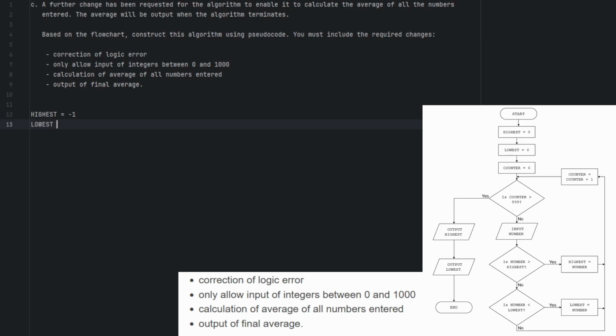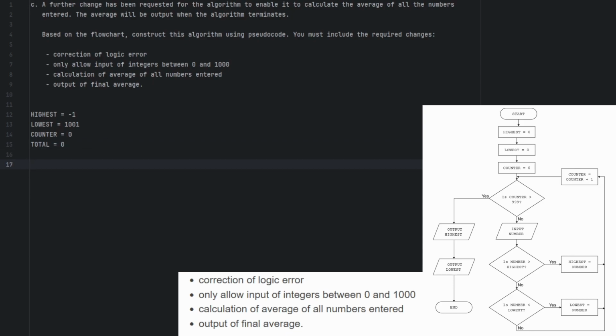Lowest will be 1001. Counter be 0. And my total will be 0 as well.